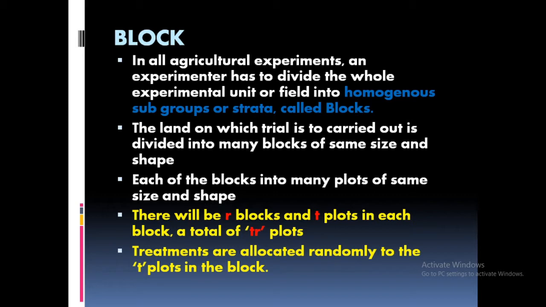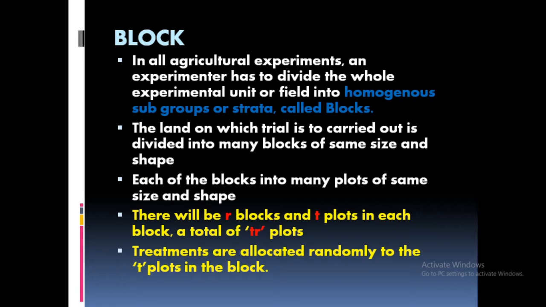Clear? So the land on which the trial is carried out is divided into many blocks of the same size and shape. Okay. And this is a very important point: heterogeneous groups are divided into homogeneous groups. That is a block. There are R blocks and T plots in each block, a total of TR plots. Understood?